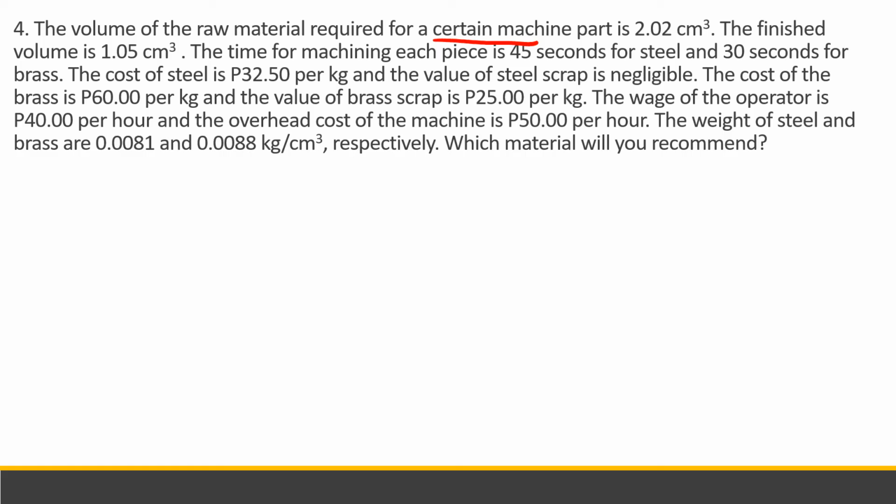Okay, so first is we will solve the weight. So yung weight ng steel and then yung brass.